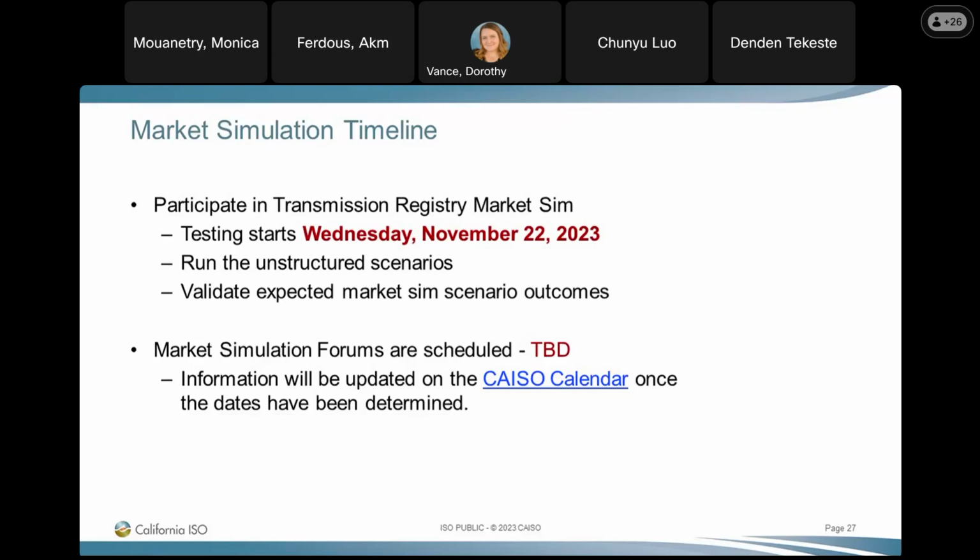It will be kind of like an open forum for folks that are testing in the market sim environment, and that would be a good opportunity for you to join so that you can hear feedback from other customers as well. The dates for those forums will be communicated to you later on, so that you'll be able to go to the CAISO calendar and see what dates those meetings will take place. And here I have a link to the CAISO calendar, so you can click on that calendar to see when those forums are opening up.